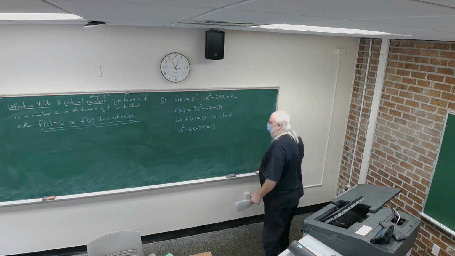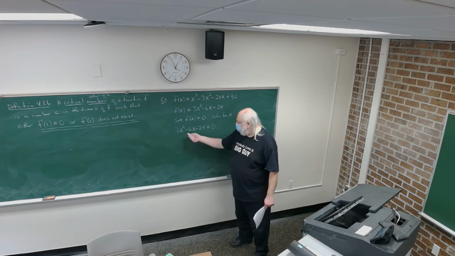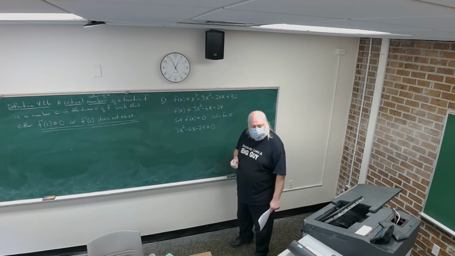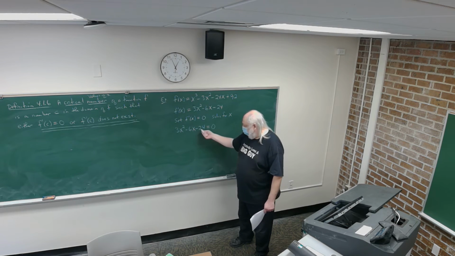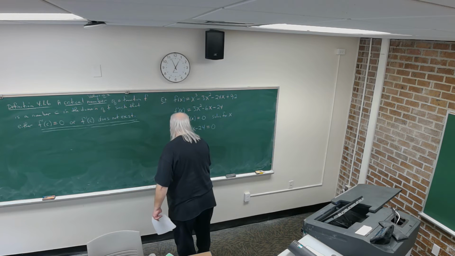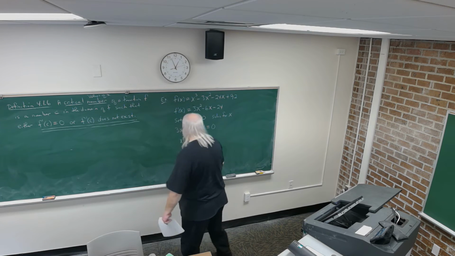Now you'll notice this is a quadratic on the left-hand side, and the coefficients 3, minus 6, and minus 24 are all divisible by 3. So I'm going to divide both sides by 3 to reduce those coefficients. I have x squared minus 2x minus 8 is equal to 0.